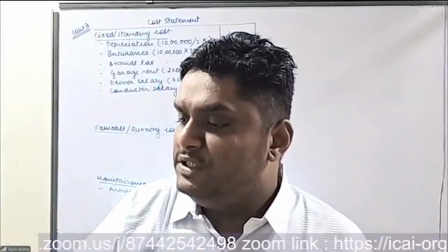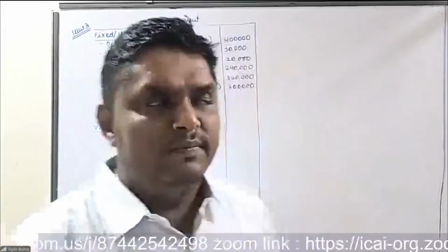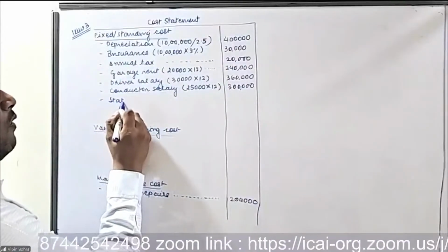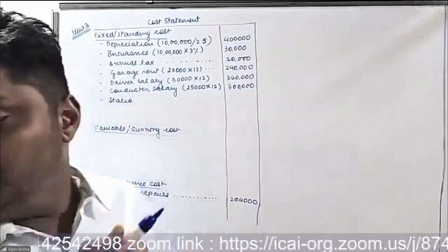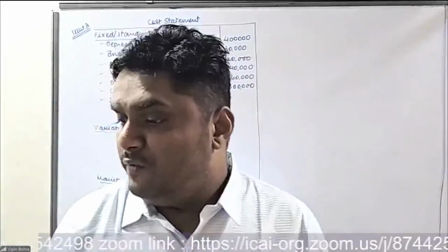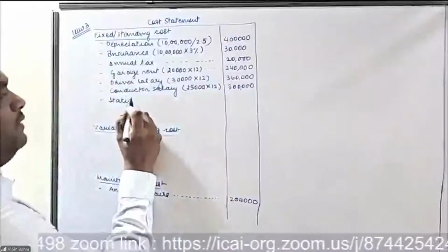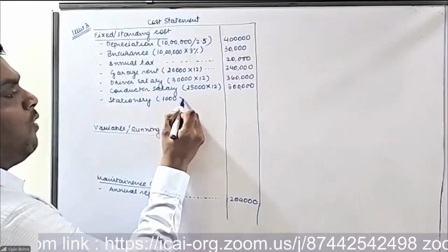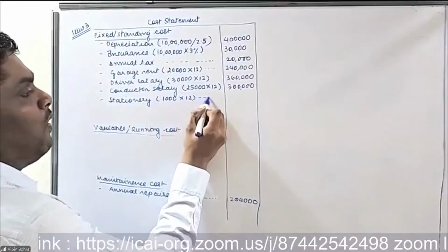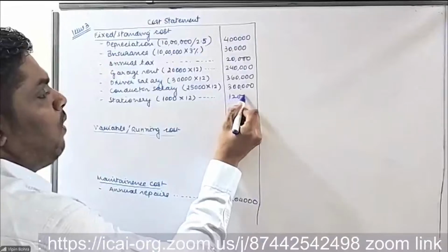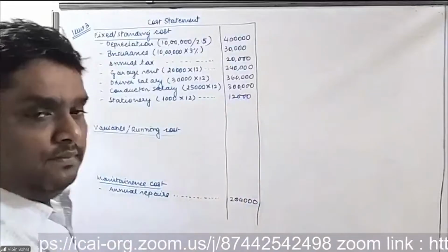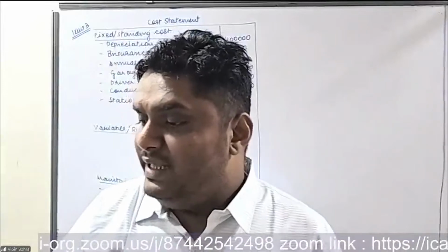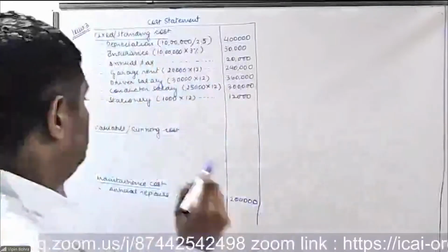Further, the cost of stationery is 1,000 per month. Further, the manager cum accountant salary is 17,000 per month.